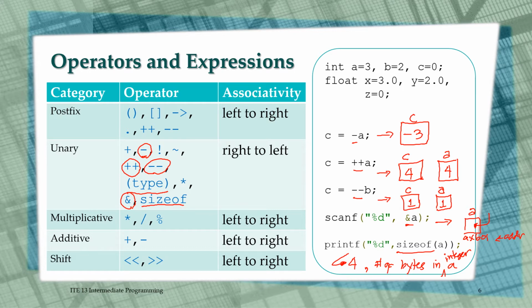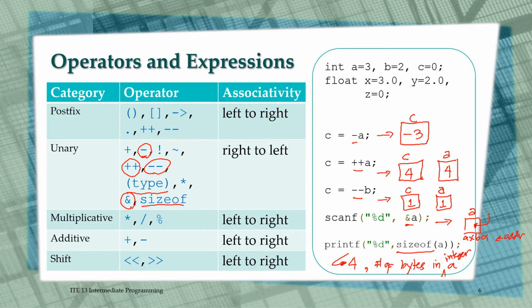prefix decrement, typecasts, indirection that operates on a pointer variable, the address-of operator, which is the ampersand, that takes the address of its operand, which is commonly used in scanf functions, where the captured input from the keyboard is stored at the address of the operand A, for example.